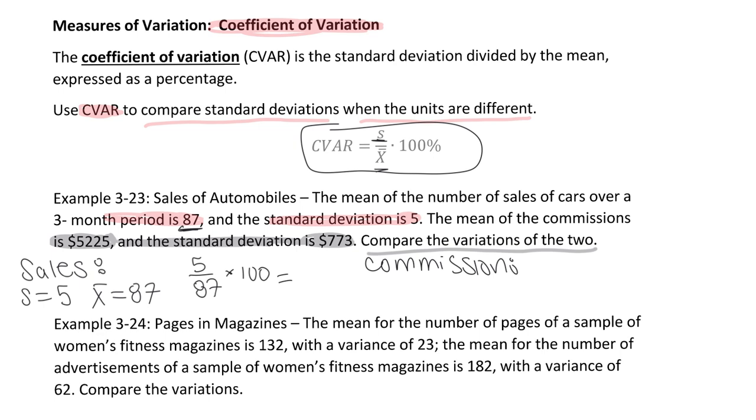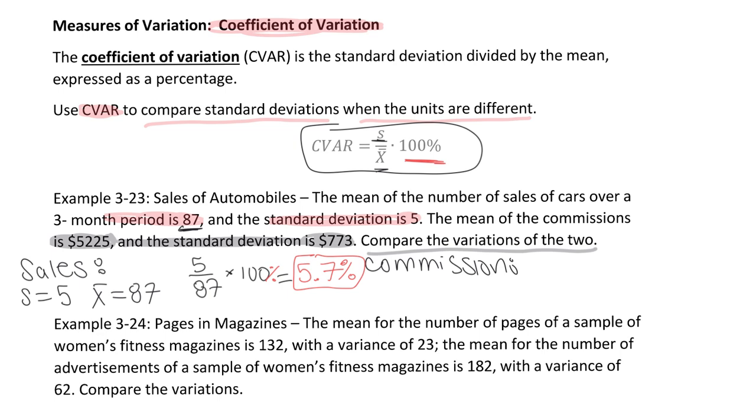So when I calculate this, I get 5.7%. And when we multiply it by 100, we're just getting that percent. I should probably put a percent here as well. There we go. So 5.7% would be the CVAR for sales.